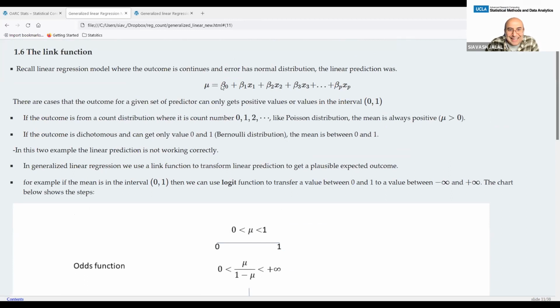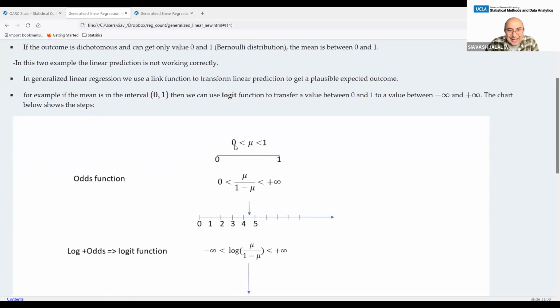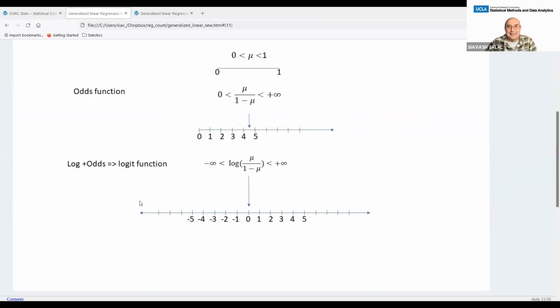But the linear function, as we said, goes from negative infinity to infinity. So how can I make this go from 0 to 1 to negative infinity to infinity? I should put negative infinity, infinity here, so it's more clear. Any value in real numbers, right?